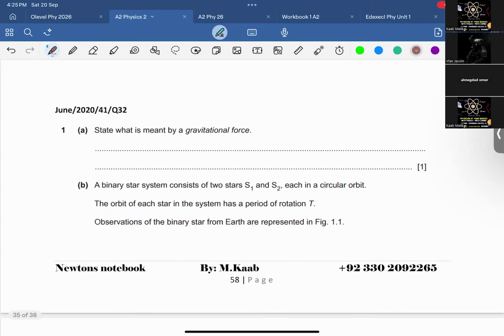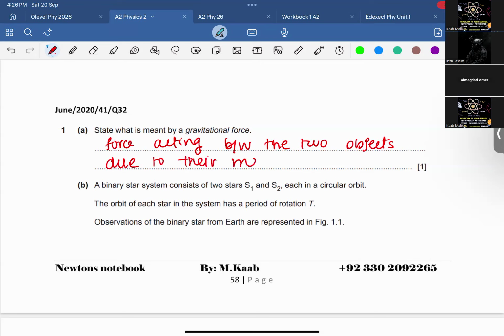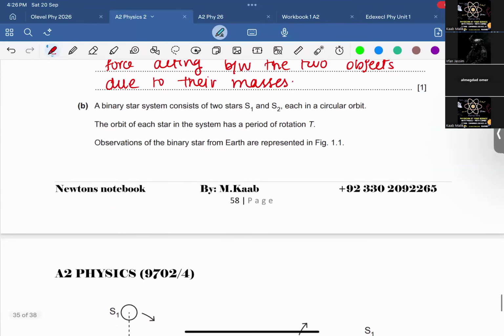It is basically the force acting between the two objects due to their masses. So this is the concept of the gravitational force, right? Now, please move on.